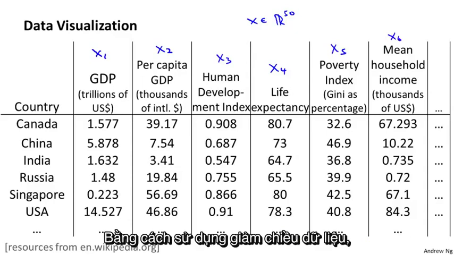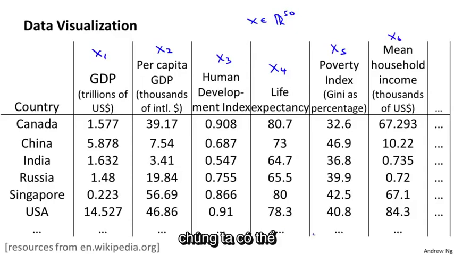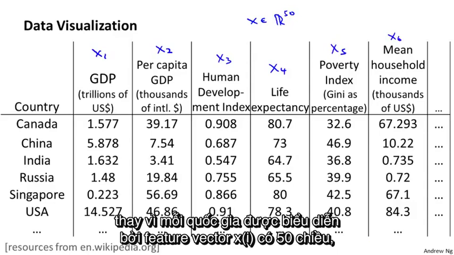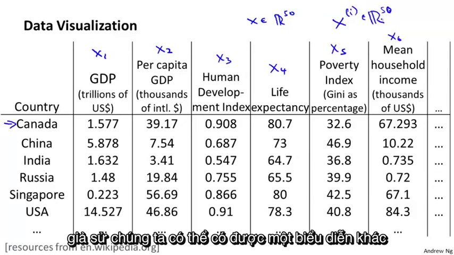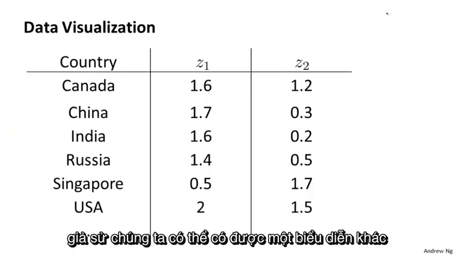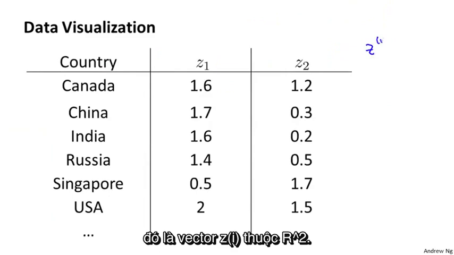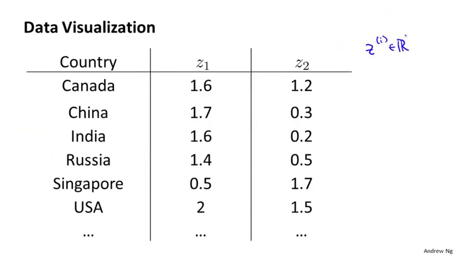Using dimensionality reduction, what we can do is, instead of having each country represented by this feature vector xi, which is 50-dimensional, so instead of, say, having a country like Canada, instead of having 50 numbers to represent the features of Canada, let's say we can come up with a different feature representation that is these z vectors that is in R2.